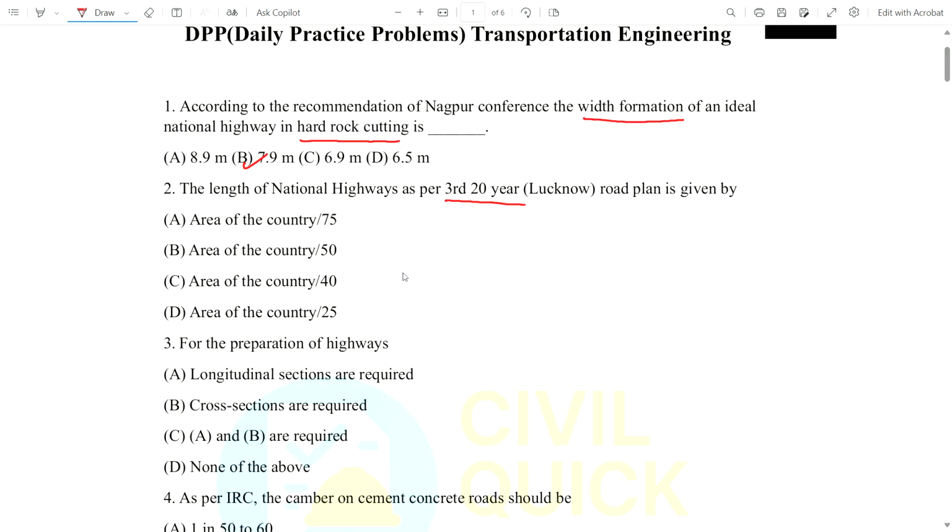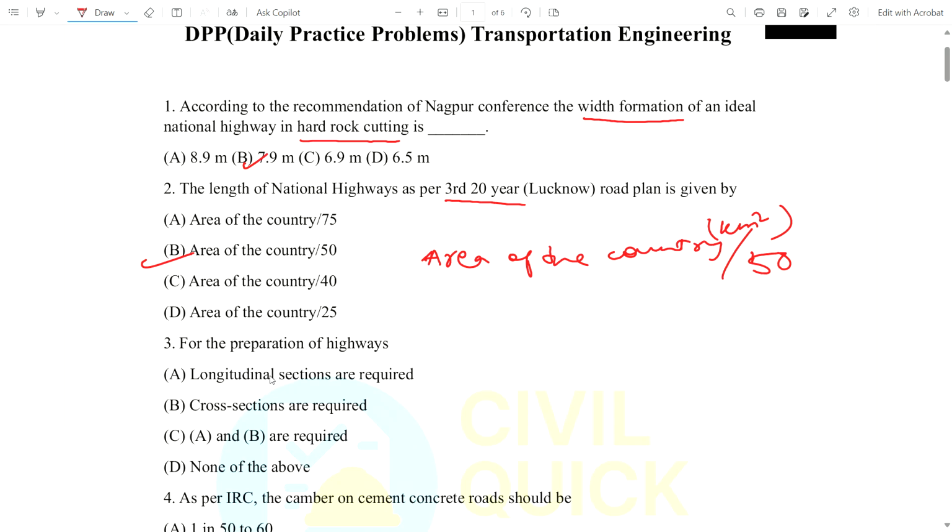The answer is area of the country by 50. Okay, country by 50, where area is in kilometer square. Here the answer is B.